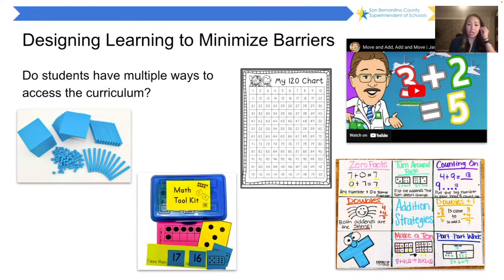I always have a hundreds chart. There's so much you can do with one of those. Then an anchor chart, and a math toolkit filled with manipulatives that they can touch and work with. And then a video. This is Jack Hartman. I don't know if you've seen him, but if you're in primary, the kids absolutely love him. He does so many math videos that are so engaging for kids.